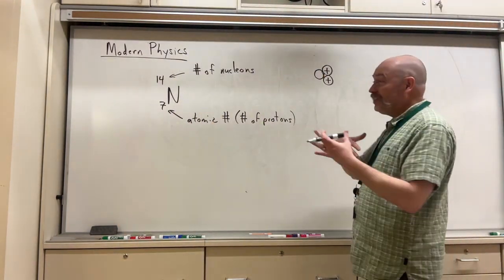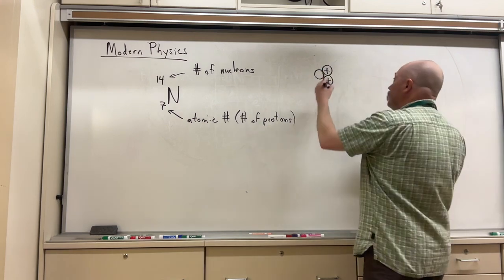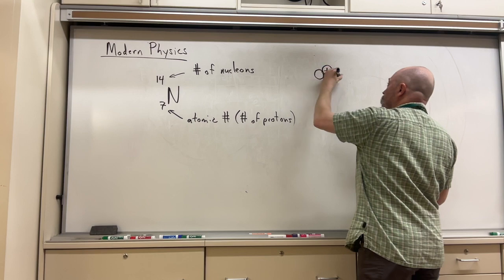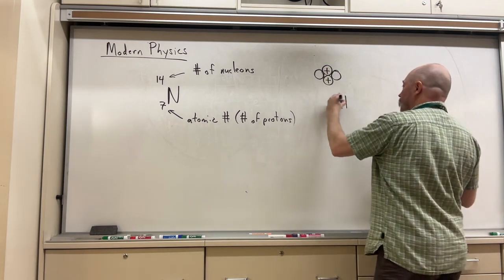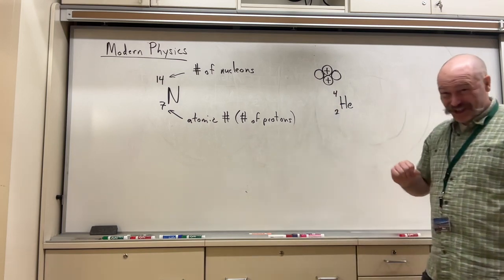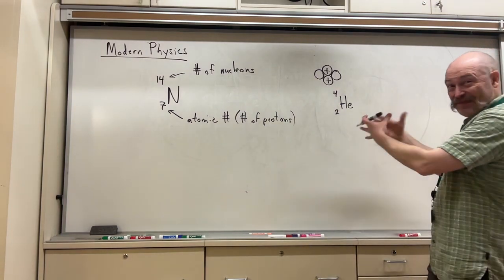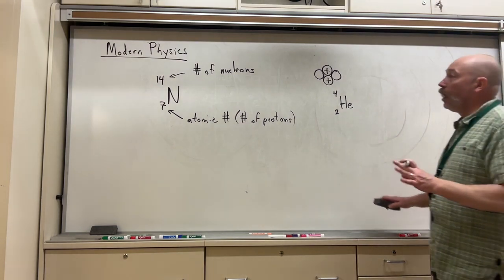So the reason we need neutrons is to make our nucleus more stable. In fact, if I wanted to make it more stable, I would do this, which is why this element is the one you find most common in nature. Why? Because it's the most stable of all of the different heliums.